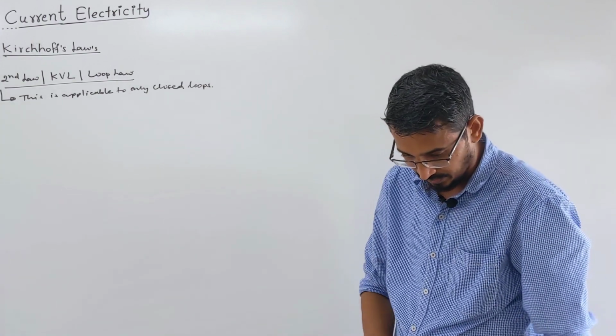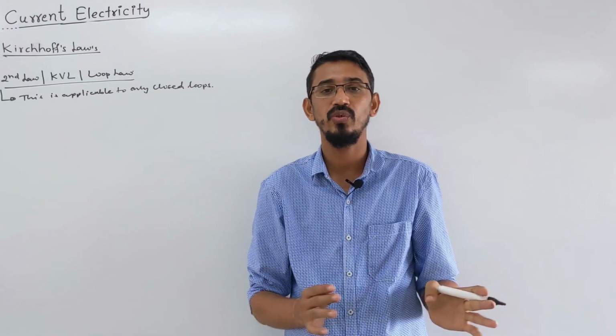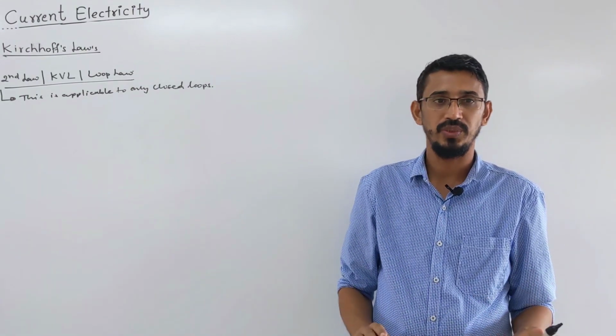And this law says that the sum of all voltage drops, the sum of all potential drops in a closed loop, is always 0.